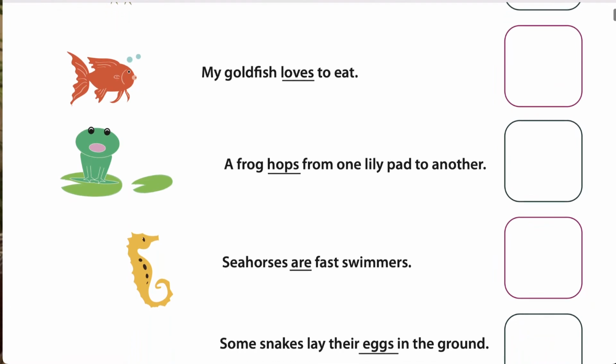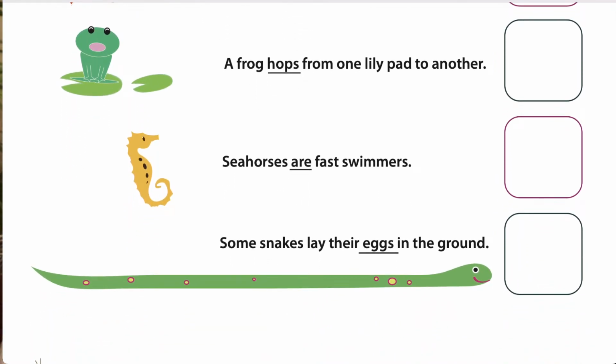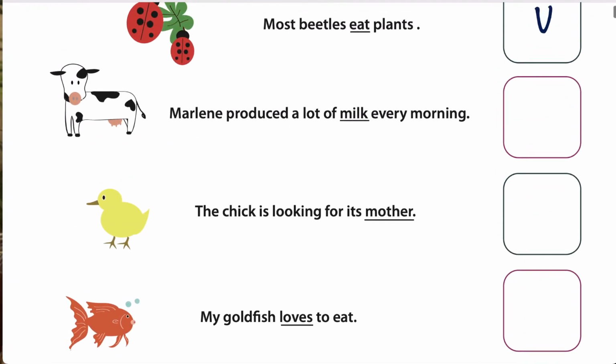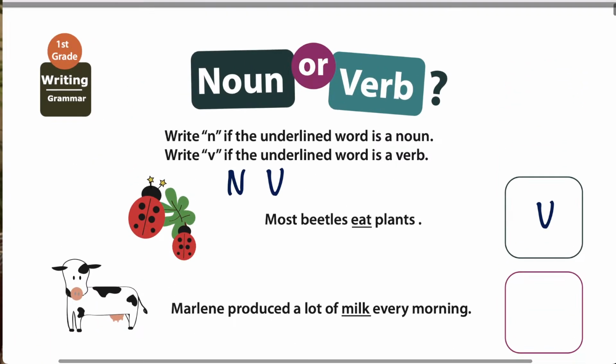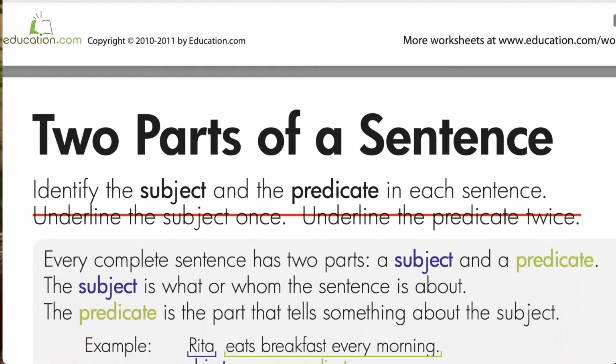What is hops? Seahorses are fast swimmers. Some snakes, what is are? Some snakes lay their eggs in the ground. What is eggs? Okay, so that is our worksheet for noun or verb, N or V in the square.